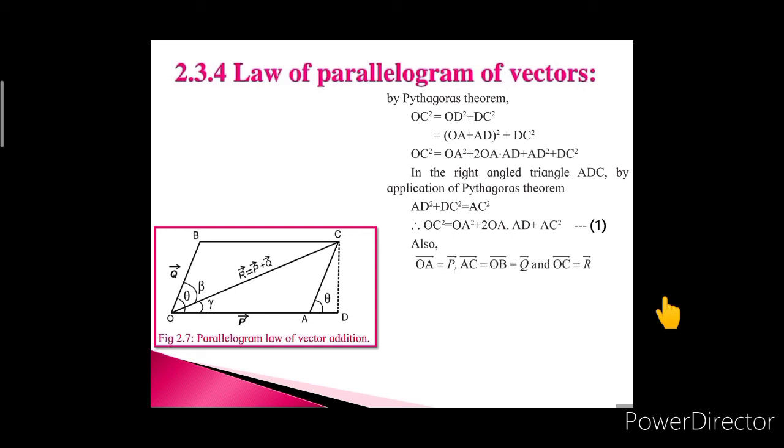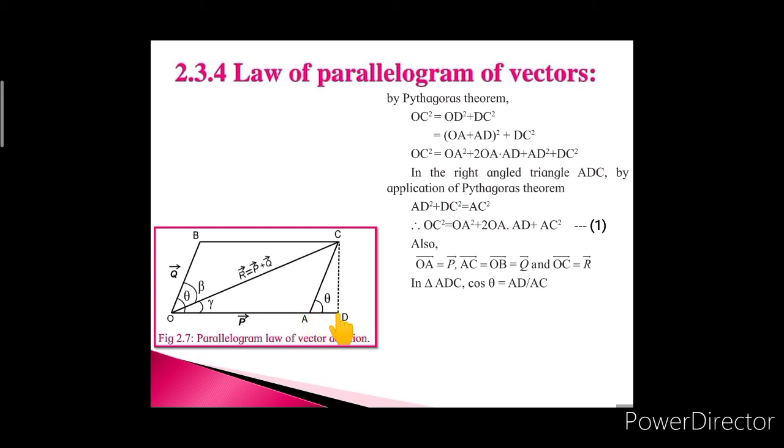Also we know that vector OA is nothing but vector P, vector AC is equal to vector Q, and vector OC is equal to vector R. Let us consider the triangle ADC. In this triangle, cos theta is the adjacent upon the hypotenuse.